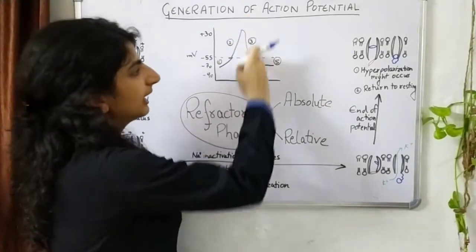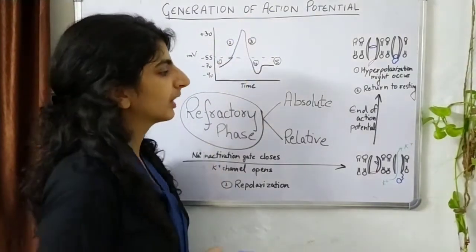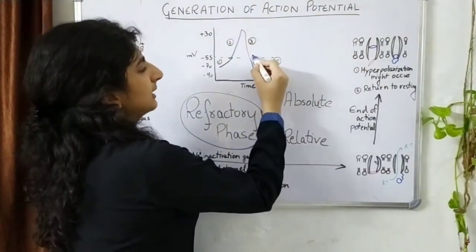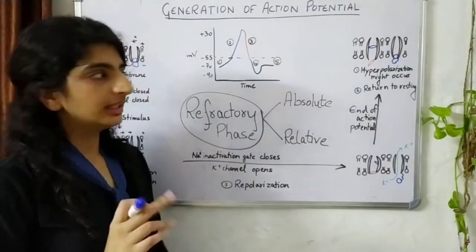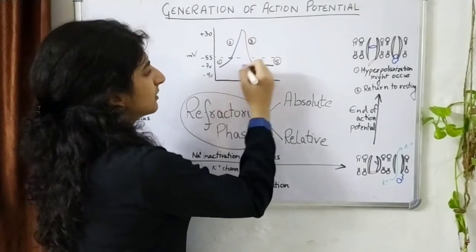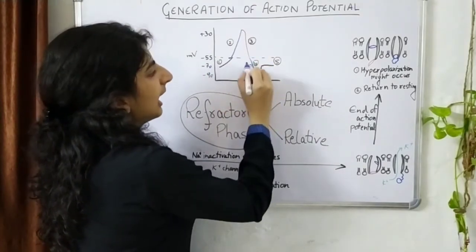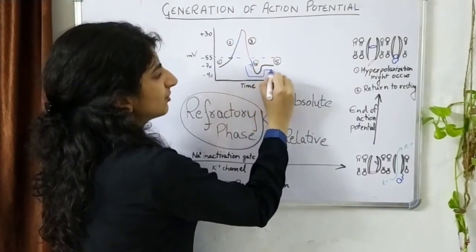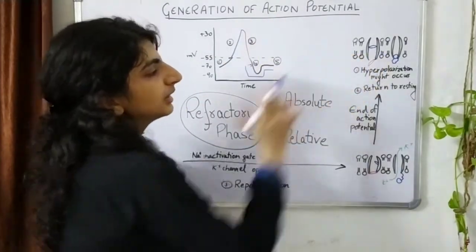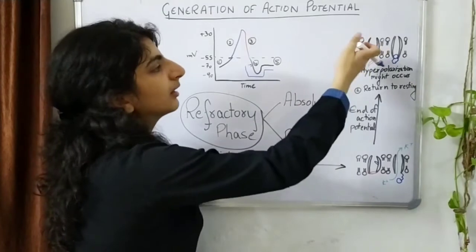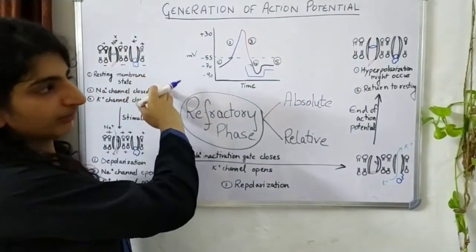Depolarization will occur and action potential will be generated. However, as soon as the potential of the cell reaches a state where it is close to minus 70 and is in the hyperpolarization phase of this generation, the sodium channels will come back to what they were initially.